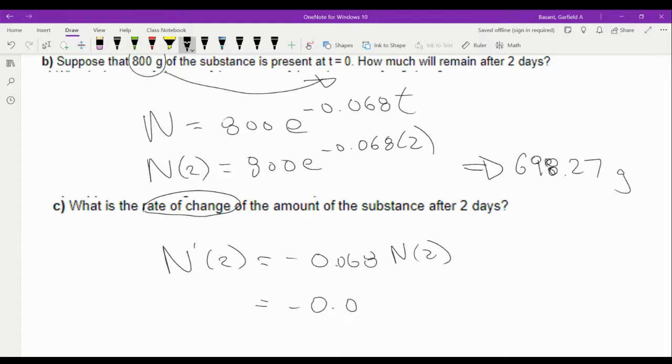So this is negative 0.068 times 698.27, because we just calculated that.